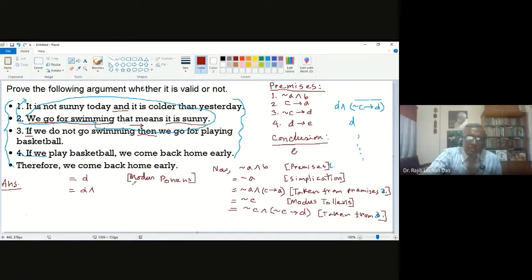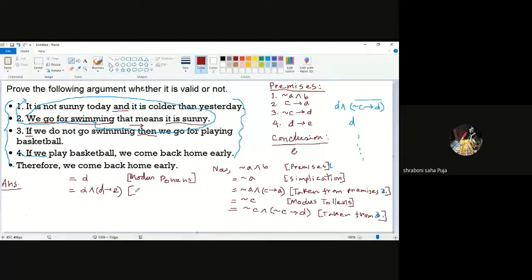The next sentence is number 4, and number 4 is D, and D implies E. So what do you think? Can you make any decision or conclusion? It is modus ponens.